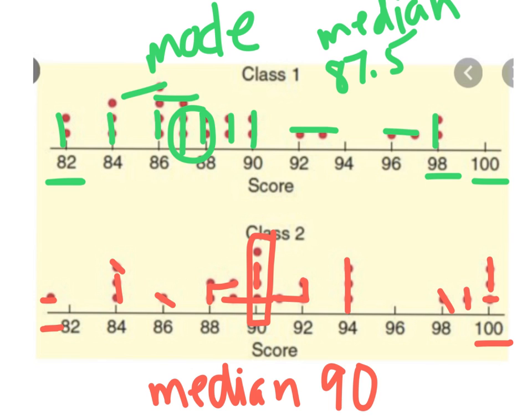So in this case, we might be asked, is the mode of class 1 greater than the mode of class 2? Well, the mode in class 1 was 86. The mode in class 2 was 90. So that would be false. Once again, when we're comparing 2 data sets with dot plots, we're going to be looking for the trues and the falses of the different data pieces.